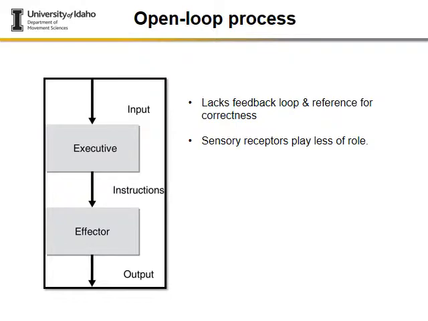And so with an open loop process, we have the very first two portions of this. We have the executive, which is where the information processing happens. You have the effector, which is where the instructions, the output and the movement blueprint, are created to the effector, which is really the neuromuscular system and the excitation or inhibition of certain muscles and motor units to create the motion.